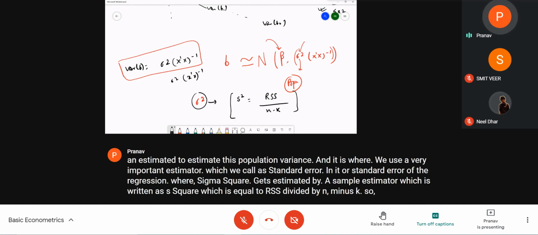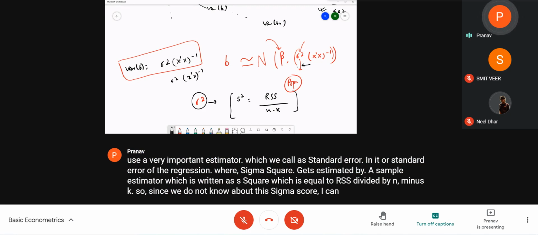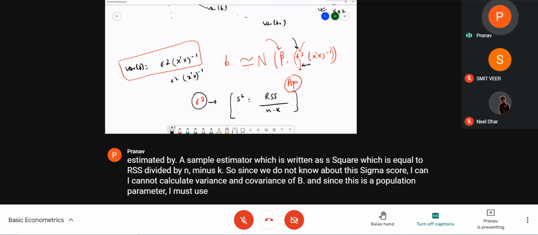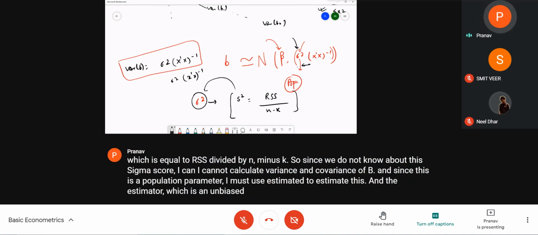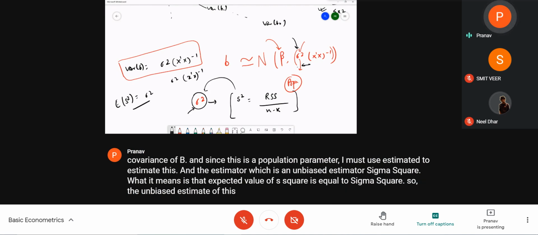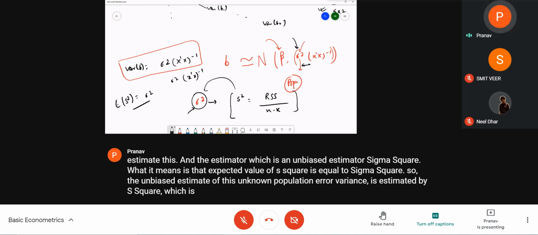Since we do not know this sigma square, I cannot calculate variance and covariance of B. And since this is a population parameter, I must use an estimator to estimate this, and the estimator is an unbiased estimator of sigma square. What it means is that expected value of S square is equal to sigma square. So the unbiased estimate of this unknown population error variance is S square, which is equal to RSS upon degree of freedom, that is n minus k.